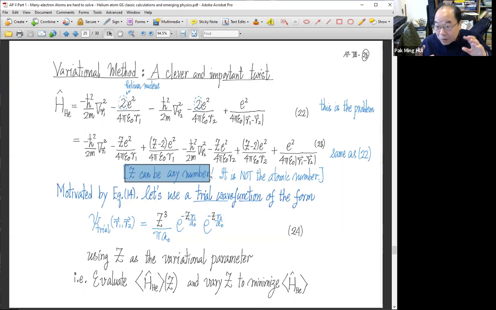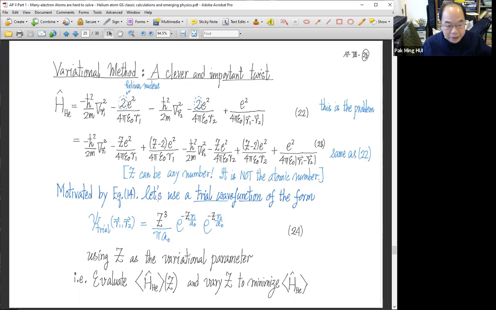I'm going to claim the result without deriving it. If you go to the exercise class this week, you know how to do that 6 variable integral, and then you can come back to work out this variational calculation with the same technique by yourself. Okay, and then the second form will be much more convenient when you do the variational calculation.